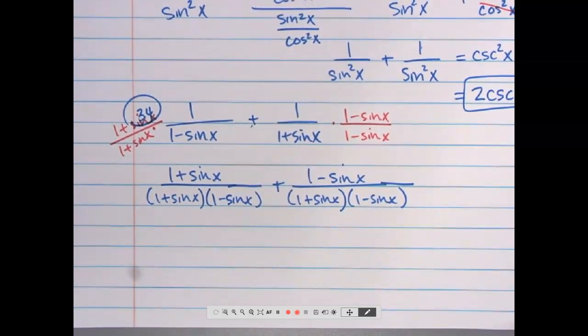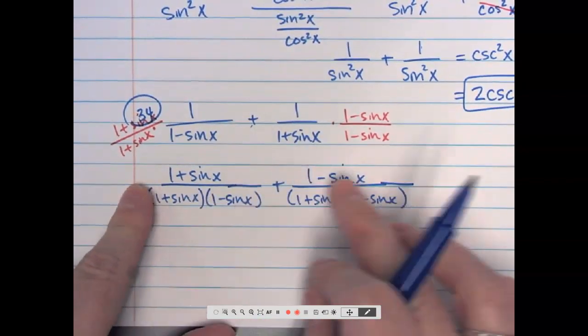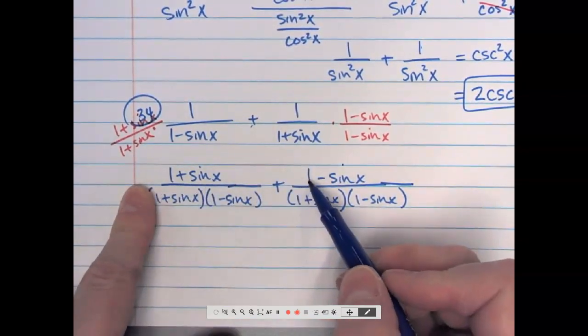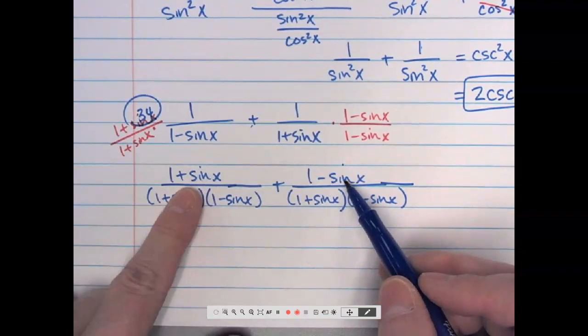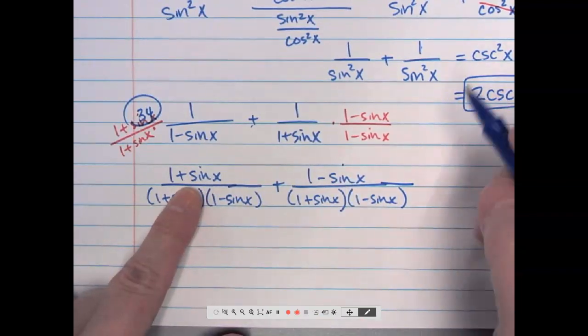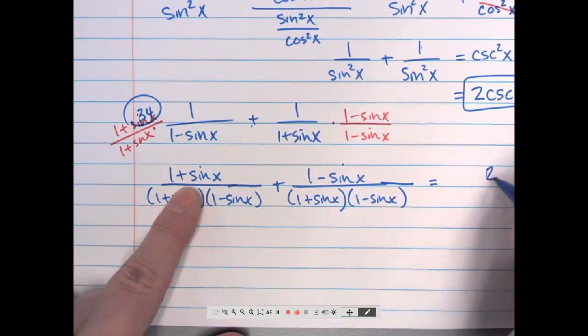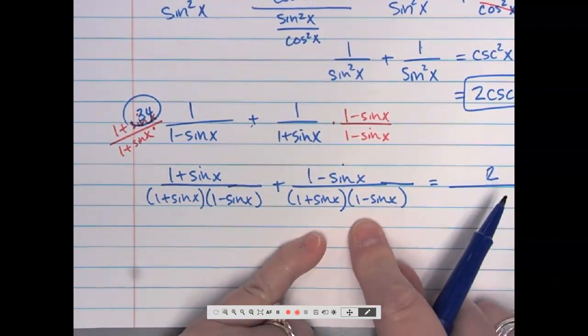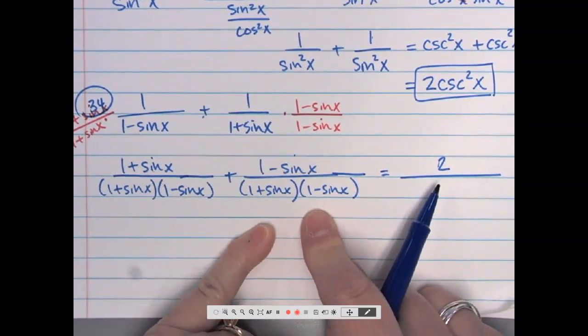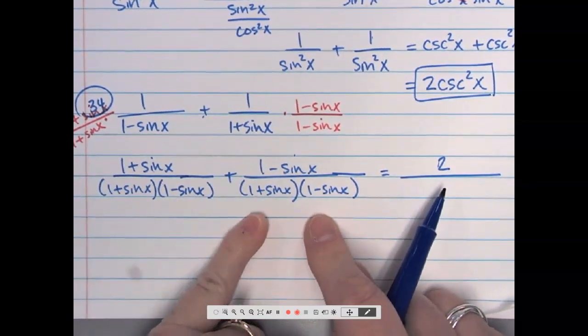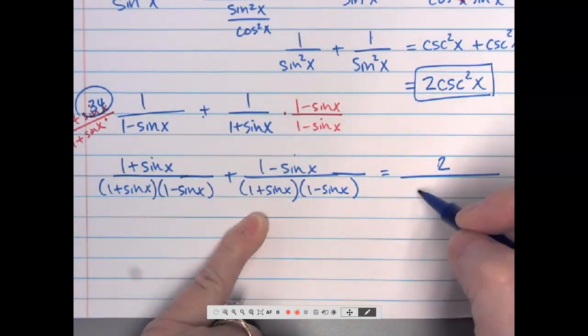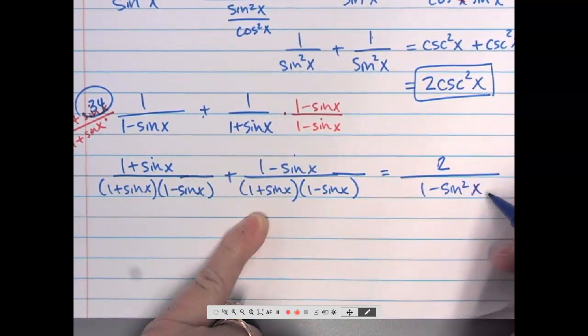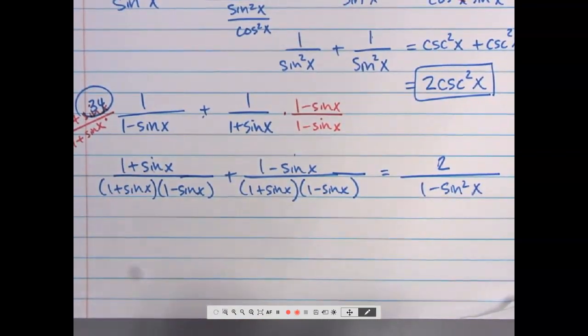Okay. I have common denominators, so I can add up the numerators. 1 plus 1 is 2. Sine plus negative sine is 0. So I really just get 2 over. Should we distribute? If we distribute, what do we get? Hello? 1 minus sine squared. And what is 1 minus sine squared?